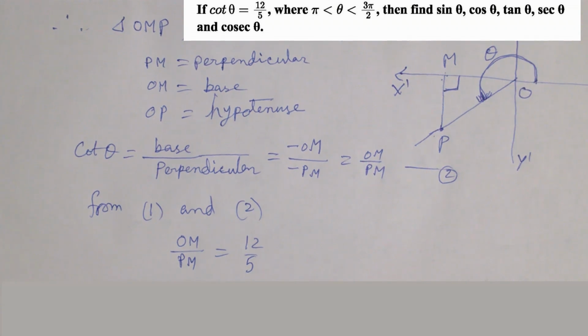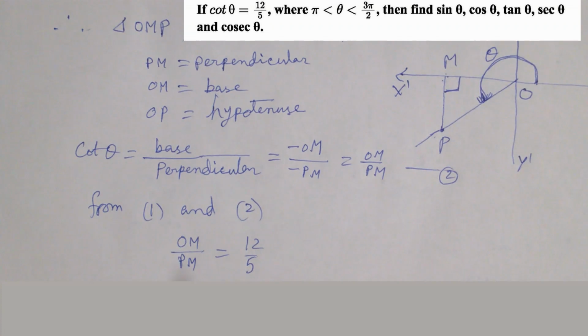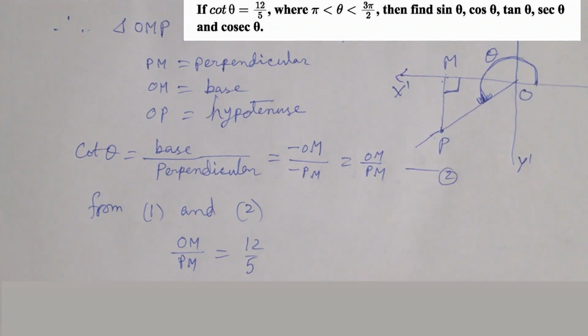Whenever two ratios are equal, then to get the exact values we have to multiply by a constant. So let OM be equal to 12K and PM equal to 5K.